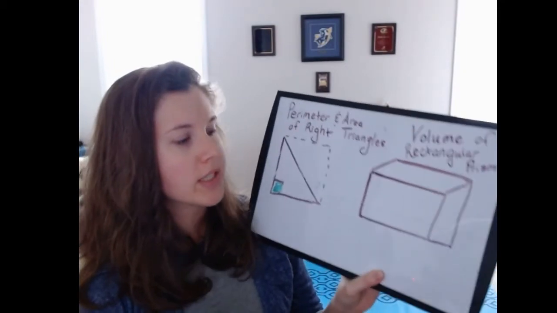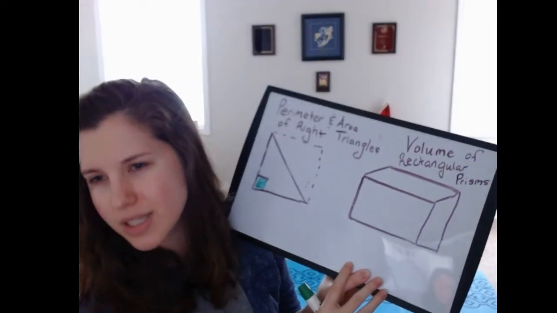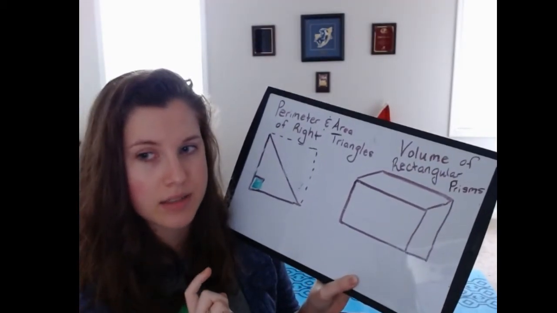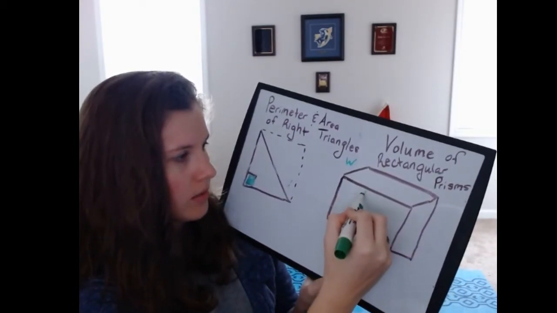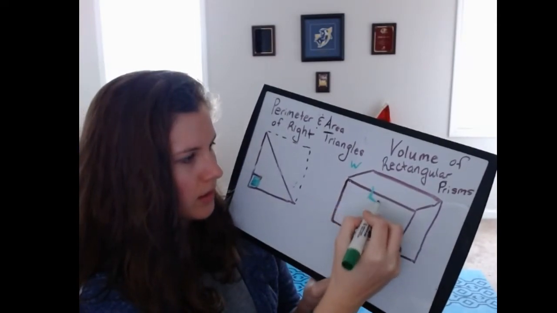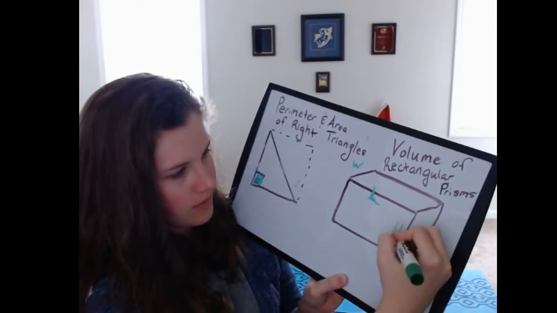So volume of rectangular prisms, you have to find out, and I'm sorry if I'm not the best at drawing 3D shapes. I tried. You have to find your width, your length, that's an ugly L, your length, and your height.